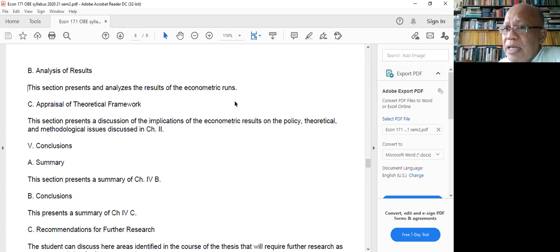And some of them might not be that important, considering whether your data is cross-sectional, time series, or panel.